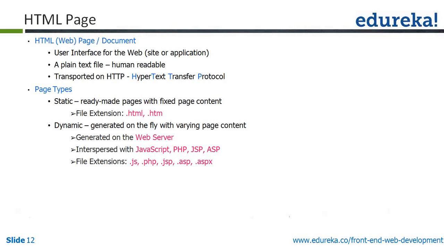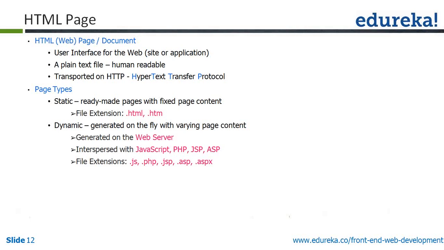So when you have dynamic content, you have to do scripting using languages like PHP, JSP, or ASP. Or if you're running on Node.js, then it could be JavaScript as well. Generally these will have the appropriate file extension like .js, .php, and so on.